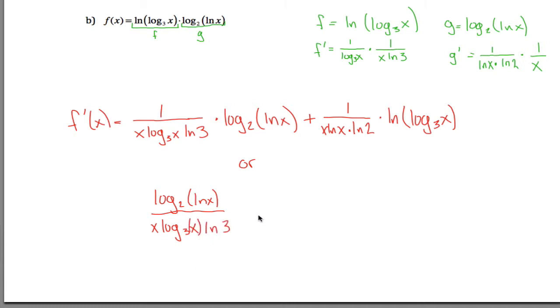Sure. And then to that I want to add this thing, the natural log of log base 3 of x divided by x natural log of x times natural log of 2. Something like that. Either of these are good. I don't care which one you use. Either will work as your answer.